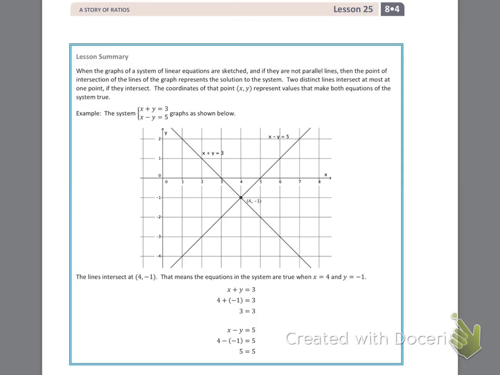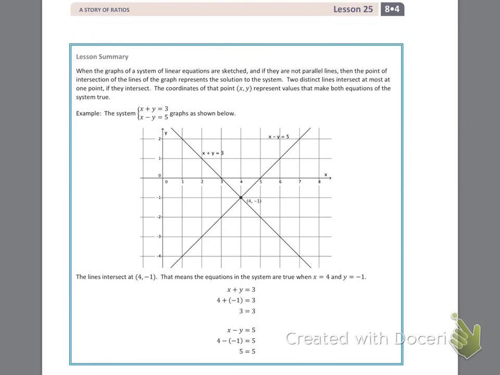And right now we're going to just quickly go over this lesson summary of what we've seen in this lesson. So when the graphs of a system of linear equations are sketched, and if they are not parallel lines, then the point of intersection of the lines of the graph represents the solution to the system. Two distinct lines intersect at most at one point, if they intersect.